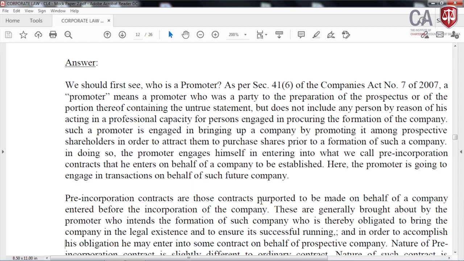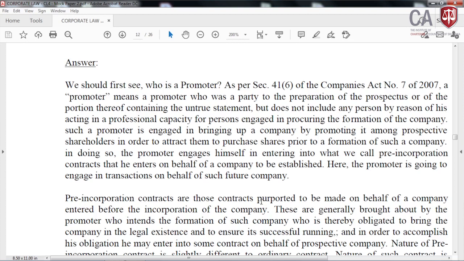In doing so, the promoter engages himself in entering into what we call pre-incorporation contracts. Now, that also comes into this area. The contracts that a company is really not entering, but a promoter is entering on behalf of a company.